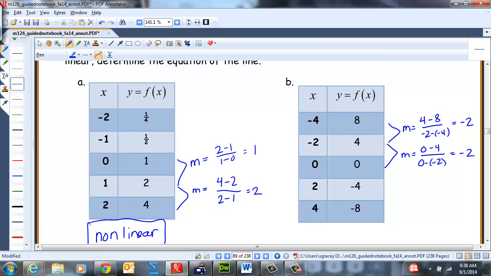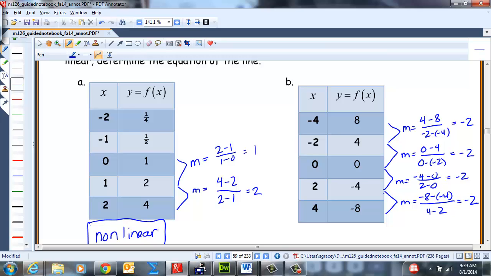Looking good so far. So now the slope here would be -4 minus 0 over 2 minus 0, which again is -2. And lastly, this is looking promising. We have -8 minus -4 over 4 minus 2. That would be -8 plus 4, which is -4 over 2, which again is -2.